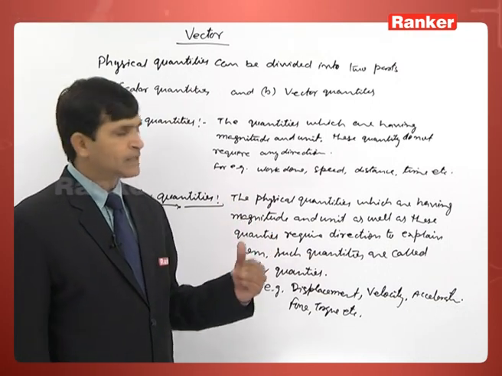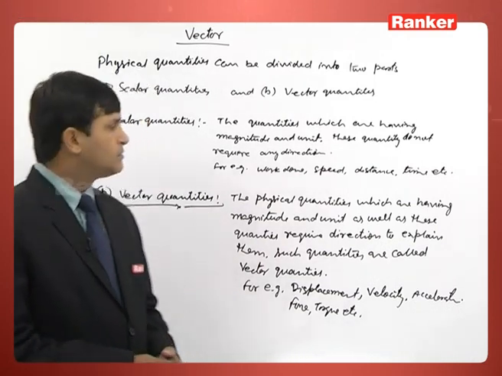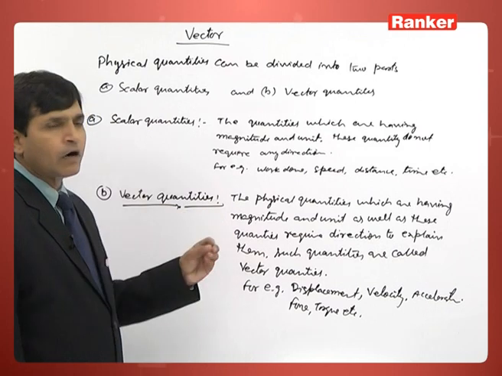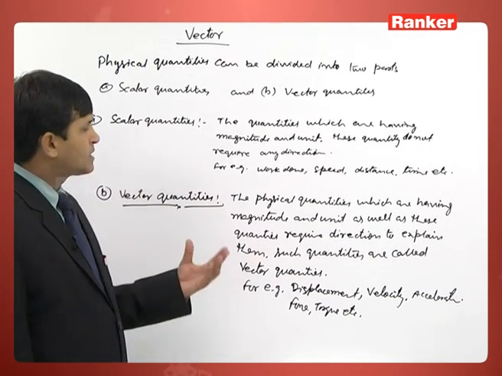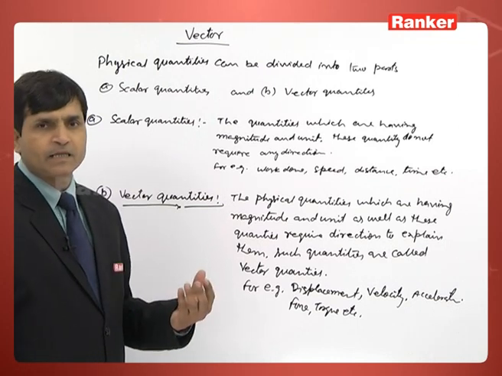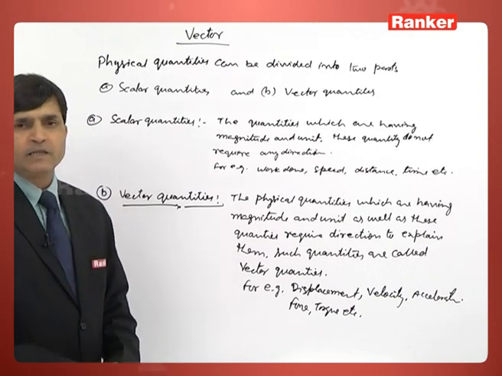It is a little bit different from scalar quantities. So first we will discuss how to express the vector quantity, and then how we use their mathematical expressions and how we perform their addition, subtraction, multiplication, like this.